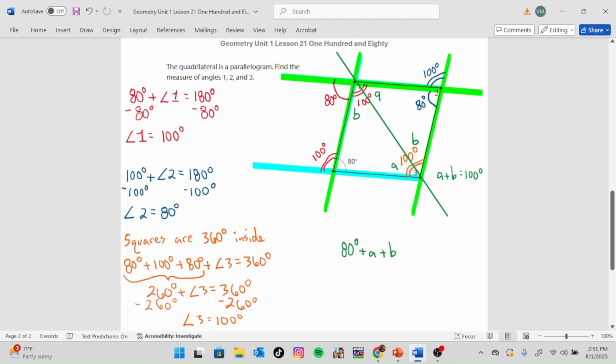So I can replace A plus B with 100 degrees.